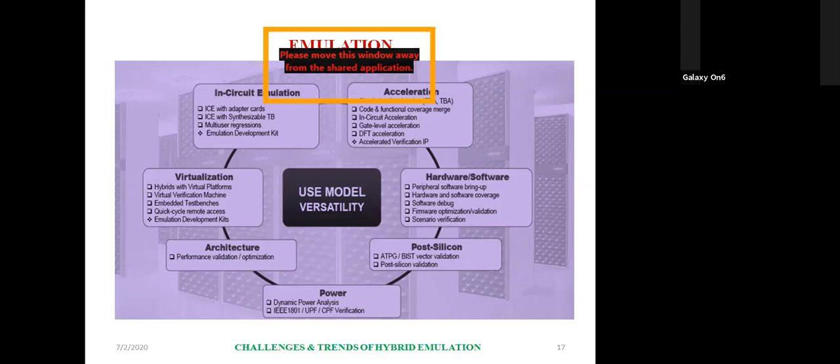You have the power, dynamic power analysis, IEEE. This is UPF. You have to enable all your UPF after RTL. After writing the Verilog code, you will have the coding guidelines. You have the RTL. Then you have to append your UPF. Then after synthesis also you have to append your UPF.